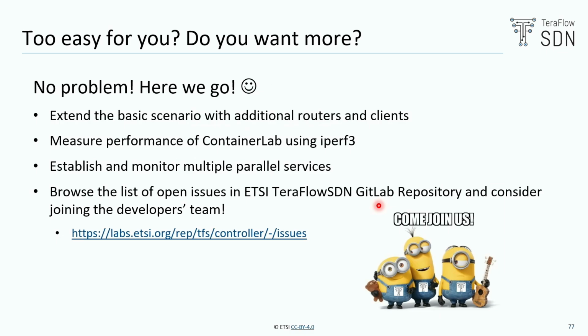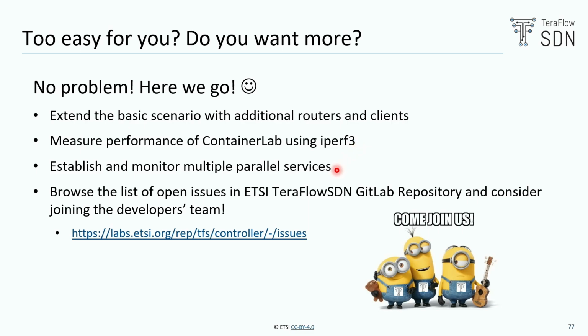Well, not an easy note to end on, because at the end we had a number of issues. But in case you want to continue playing with this and with TeraFlow, I propose, for instance, that you extend the scenario with some additional routers or clients. Maybe you can try to measure the performance with iPerf or something.